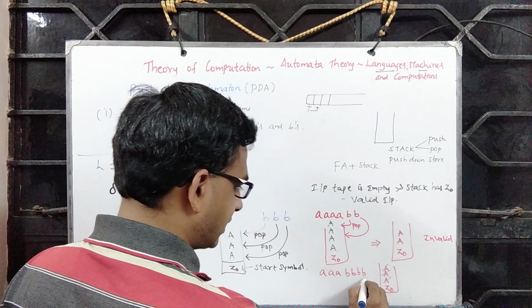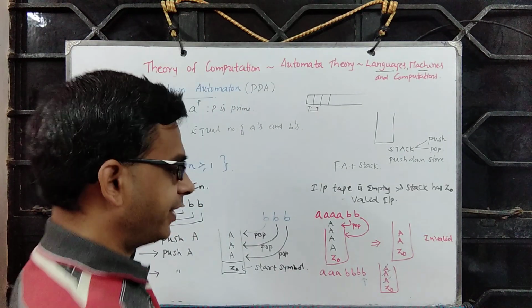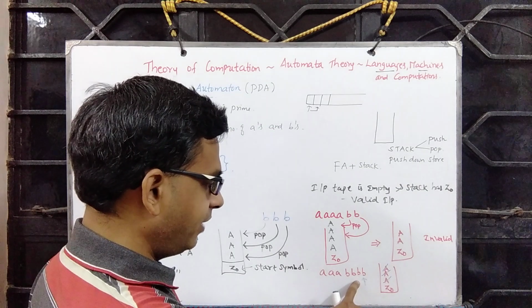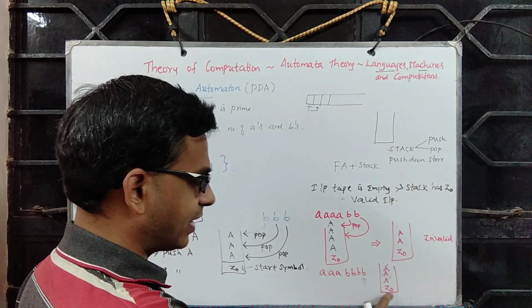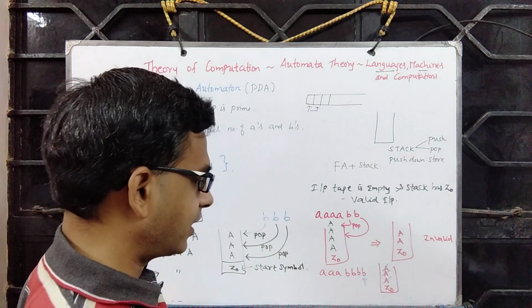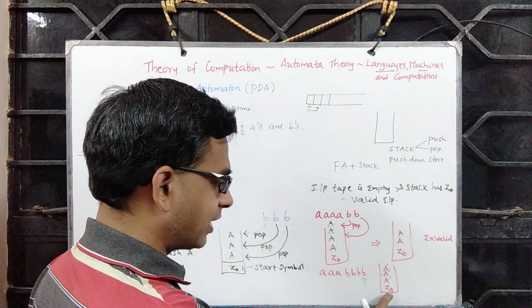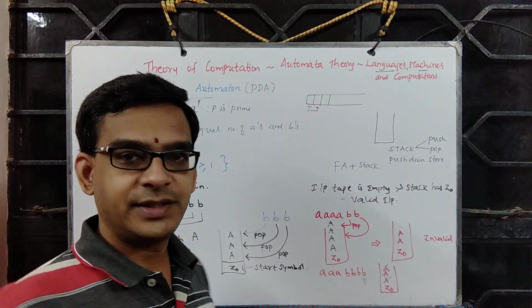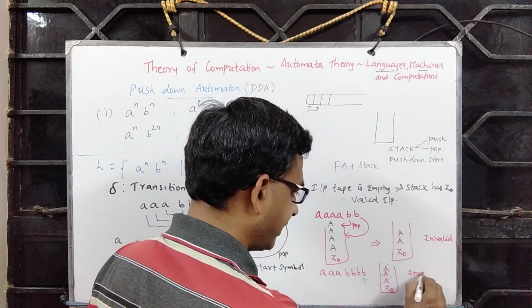Now what happens? The control will be pointing at this. The input tape is not empty, however the stack is empty or contains only Z naught, which means for this B you do not have a corresponding A on the stack. That shows that this input is also invalid.